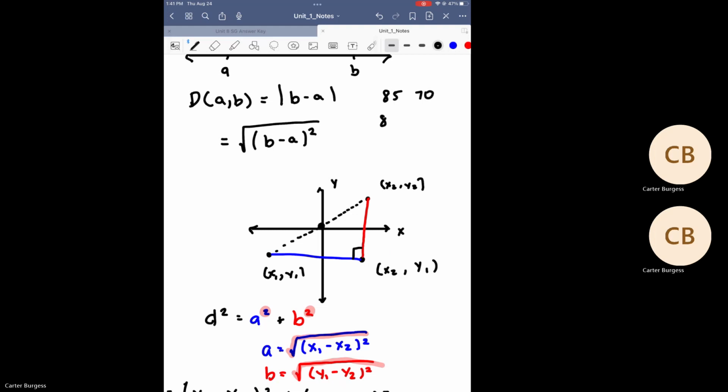Fantastic. So we do 85 plus 70 divided by 2. If I were to give more and more tests, you would see that this divided by 2 at the third test would become a divided by 3.